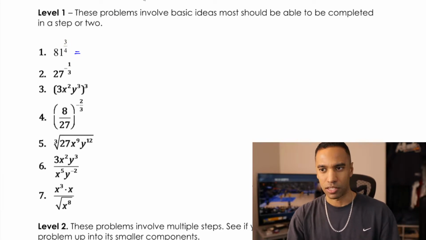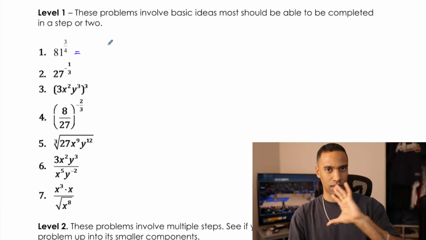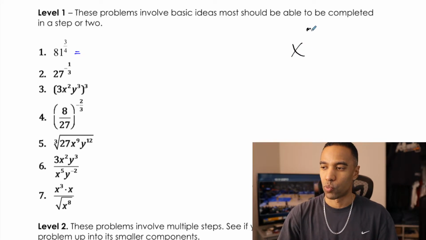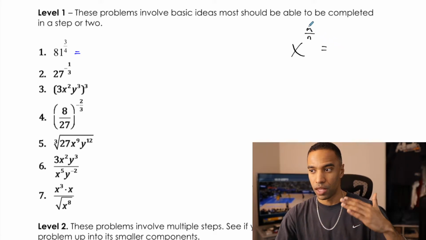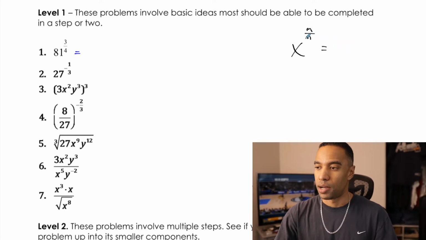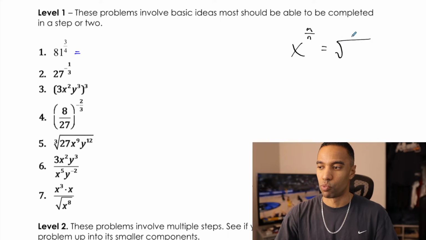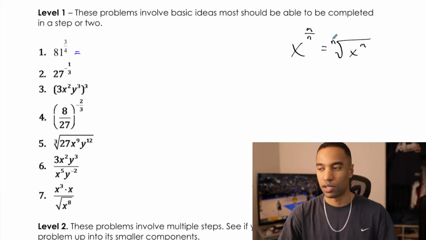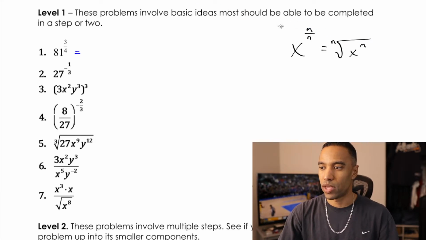The idea behind this, and I'll go ahead and write this property because this is the crux of radicals and rational exponents: if we have a base raised to a rational exponent, with a fraction, the denominator represents the root in a radical, and the numerator is the power. Now, this is one way that it can be written.